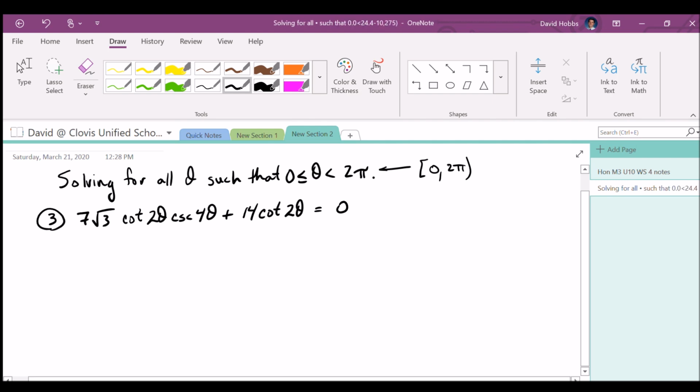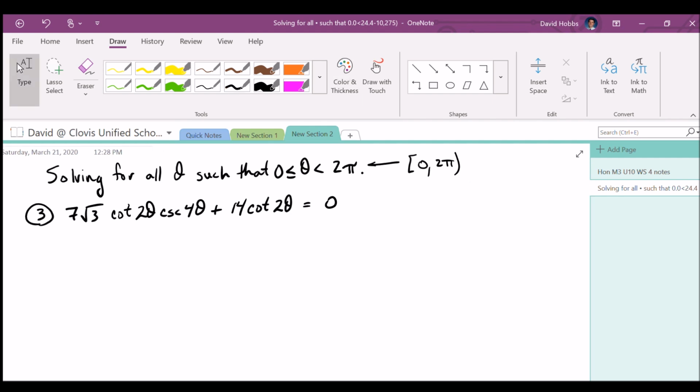0 to 2 pi. Okay, so looking at number 3, we've already got 0 on that side. We've got more than one function. I'm noticing different angles even as well. It looks to me like we need to do a GCF. There's a GCF of cotangent 2 theta at the least.